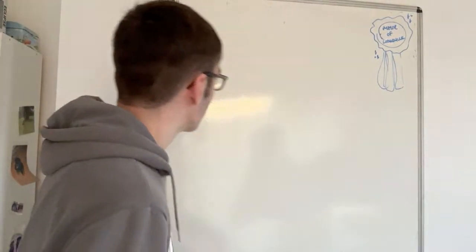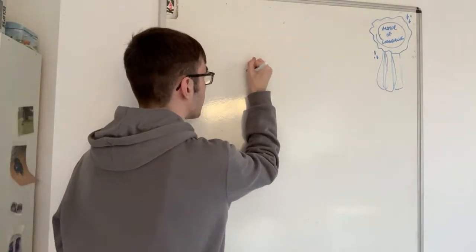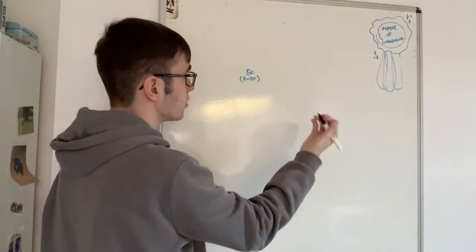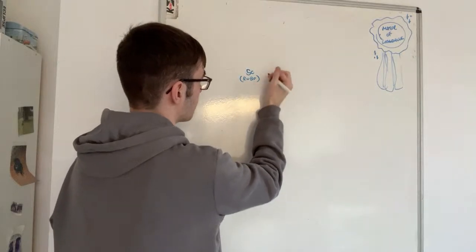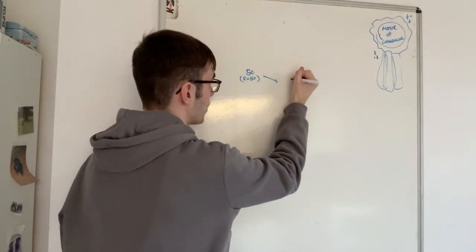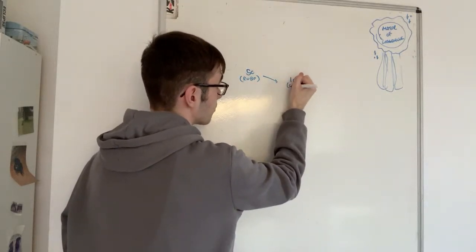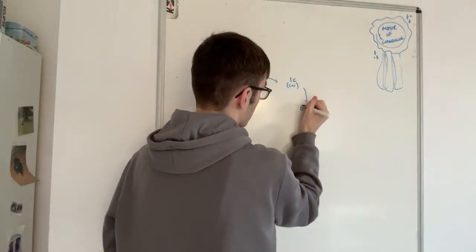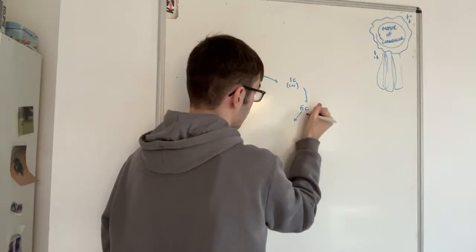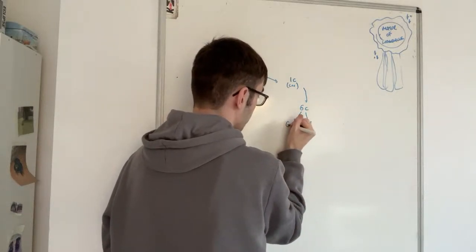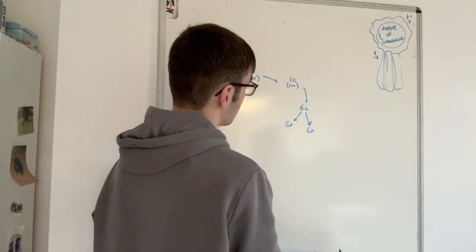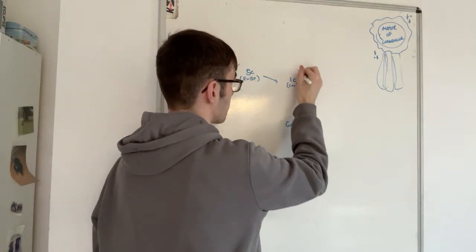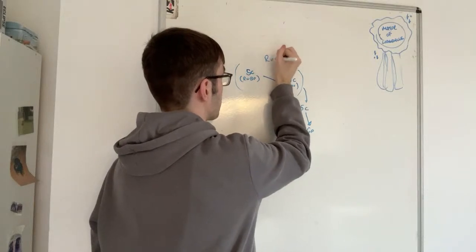To begin with, we have a 5-carbon compound which is called RuBP. RuBP, a 5-carbon compound, is going to combine with a 1-carbon compound, CO2, in order to become a 6-carbon compound. But actually, instead, it's just going to become GP. This whole bit here is catalyzed by an enzyme, Rubisco.